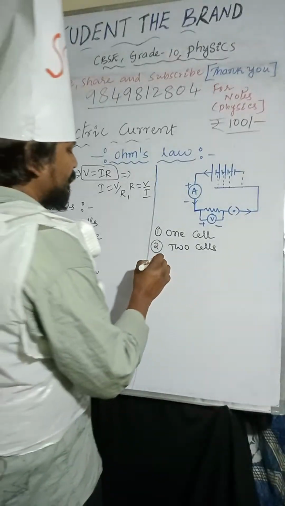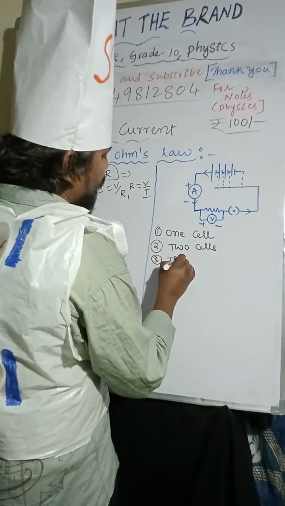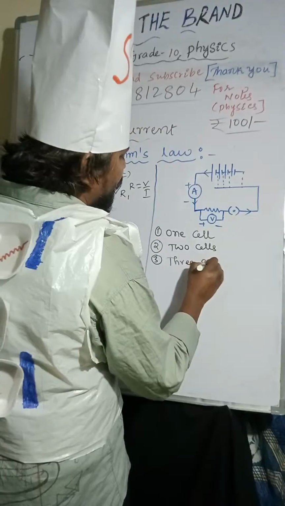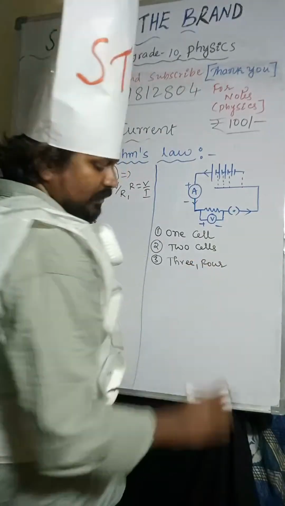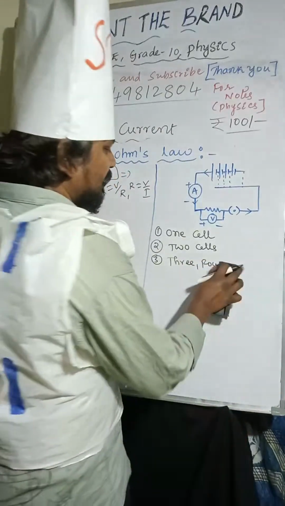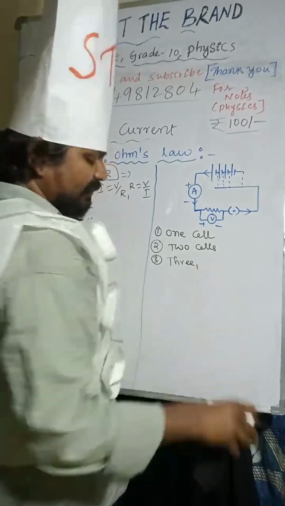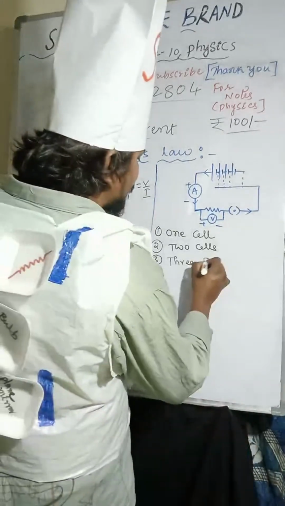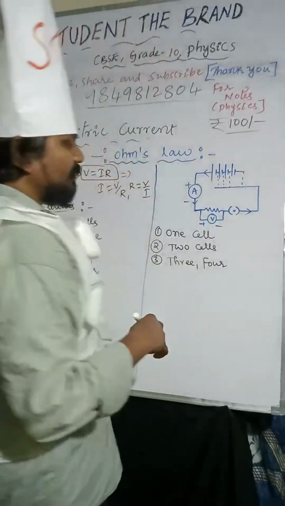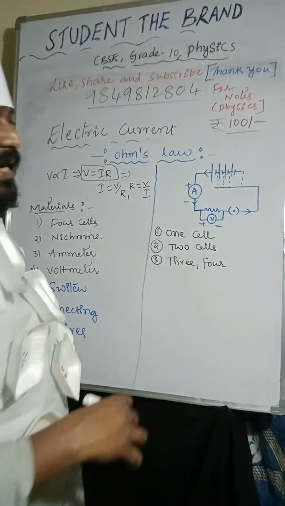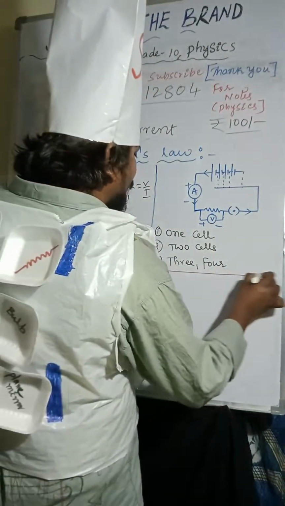Repeat the process for 3 and 4 cells also, and mention the readings in the tabular form given below. So this is the tabular form.